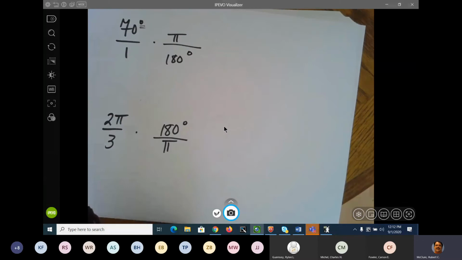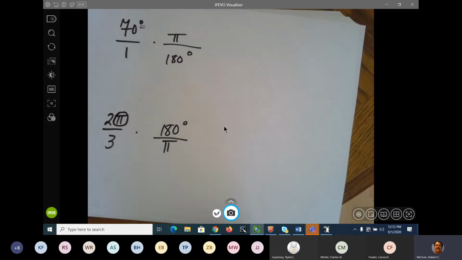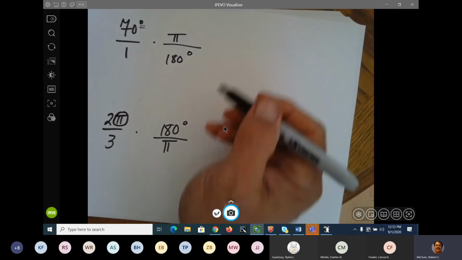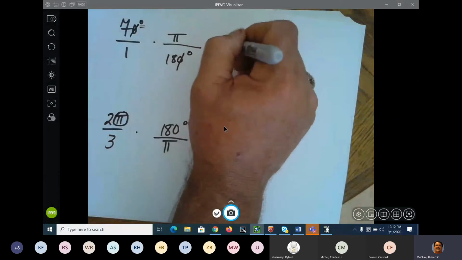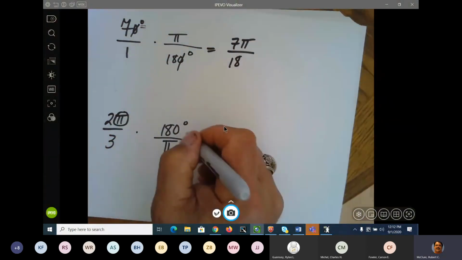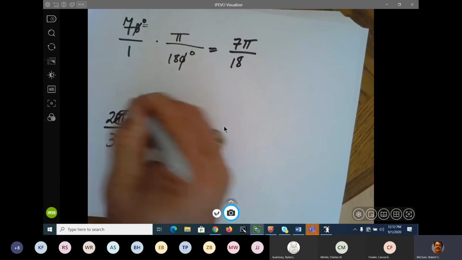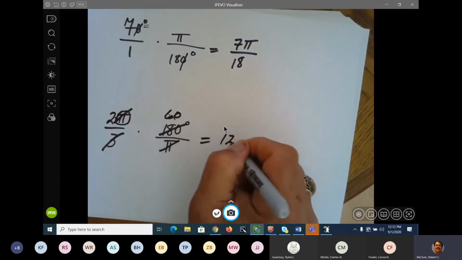I got to cancel degrees, so that means 180 goes on the bottom. Here, I was given pi. That means pi has to go on the bottom. You're done. So this is going to be 7 pi over 18. And this is 3 will go into 60, 120 degrees.